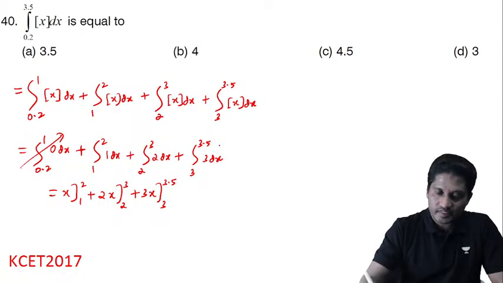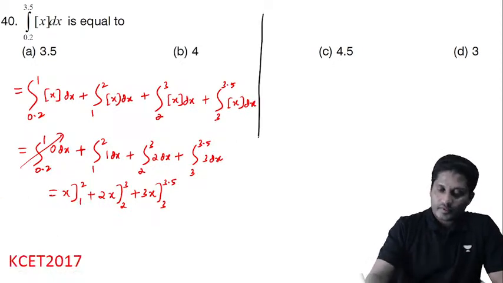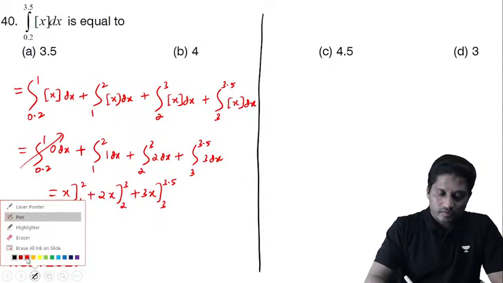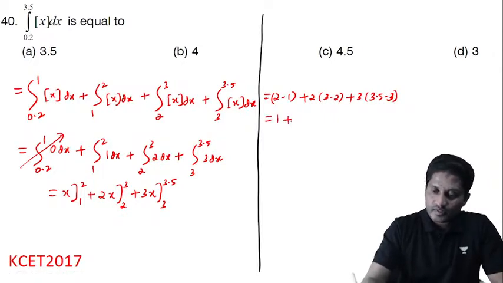Right, now if I simplify this, it is upper limit minus lower limit, plus 2 into upper limit minus lower limit, plus 3 into upper limit minus lower limit. So this is 1 plus 2 into 1 plus 3 into 0.5.